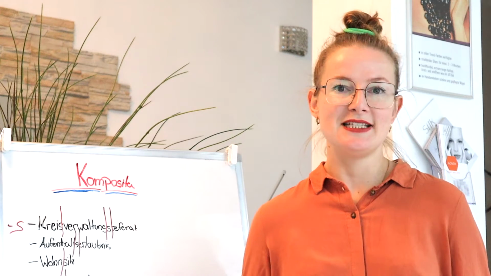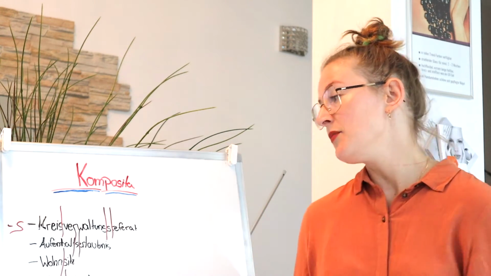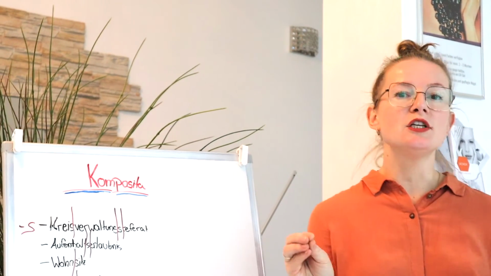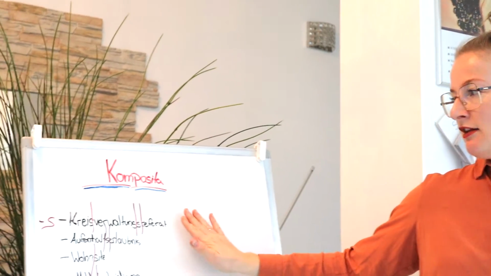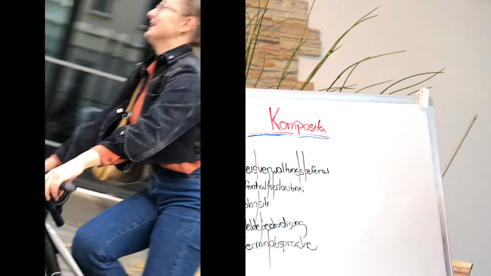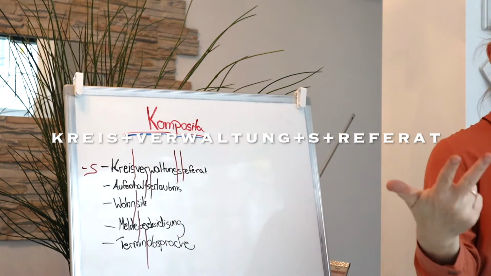Secondly, let's investigate how German compounds are created and which word in the compound is the most important one. Right, let's take a look at the first example on the board, which is Kreisverwaltungsreferat. We've got three components: Kreis, Verwaltung, Referat.